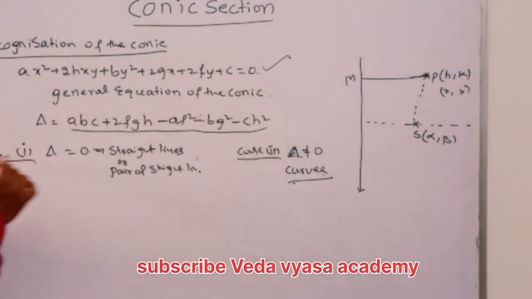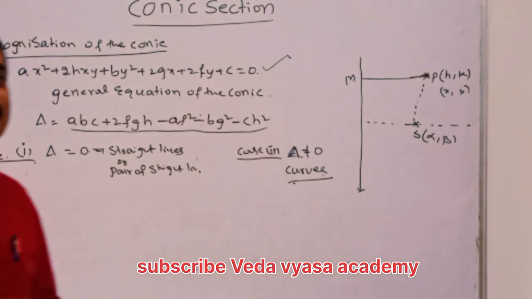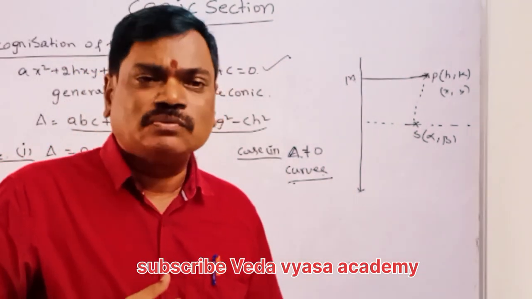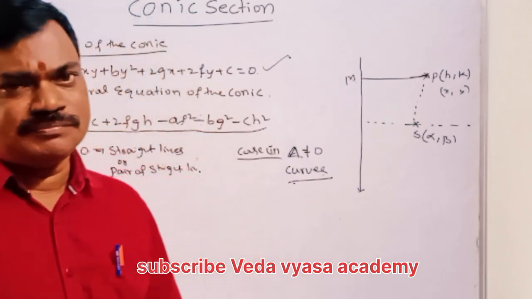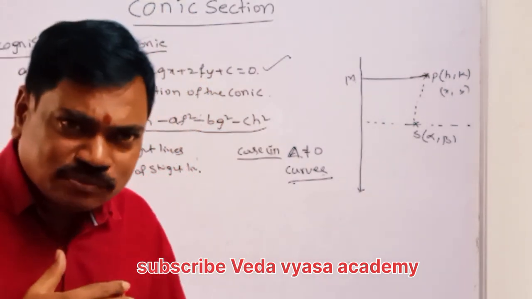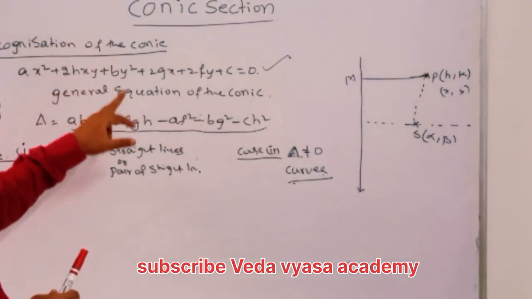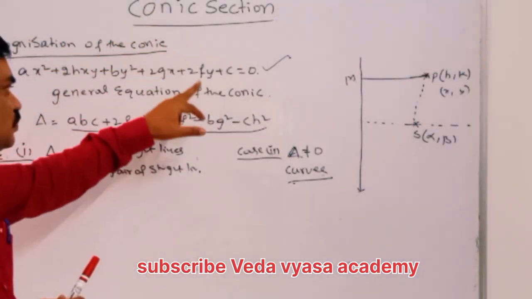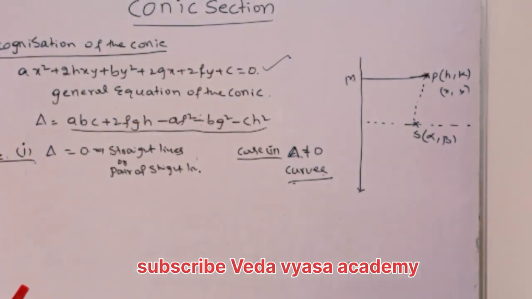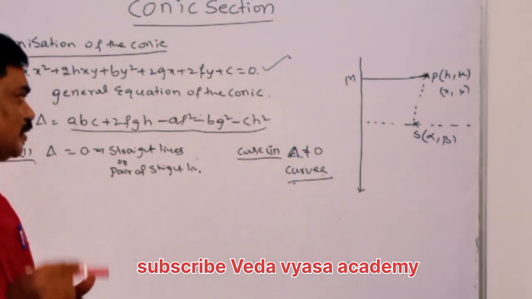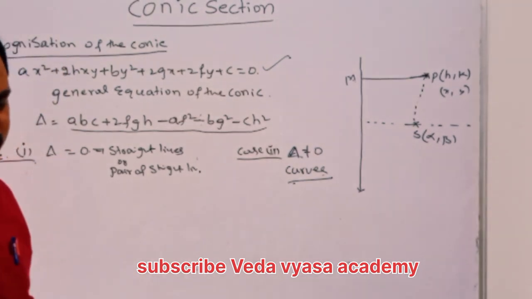How to recognize the conic section? Whether it is a curve or a straight line. We have given the conic section equation ax square plus 2hxy plus by square plus 2gx plus 2fy plus c is equal to 0. Then what is the discriminant? ABC plus 2fgh minus af square minus bg square minus ch square.